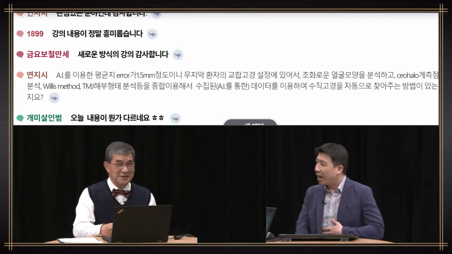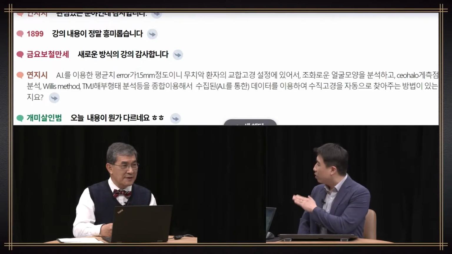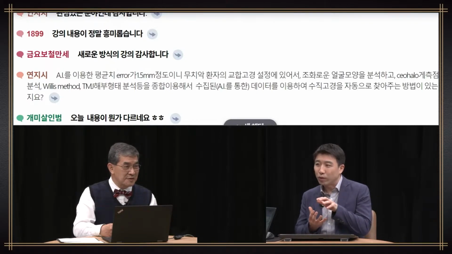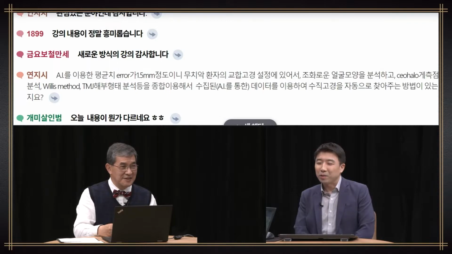Based on my understanding, the factors that you have mentioned are very important. Using this data to automatically set the interarch relation for edentulous patients, such a solution is not available. Vertical height CR, if you can get that automatically, it'll be wonderful.